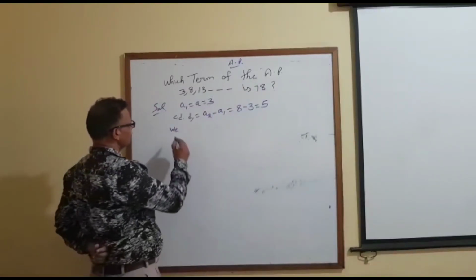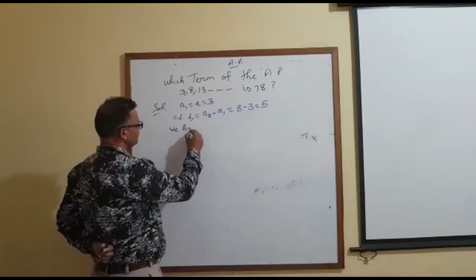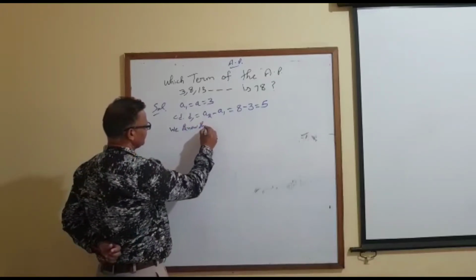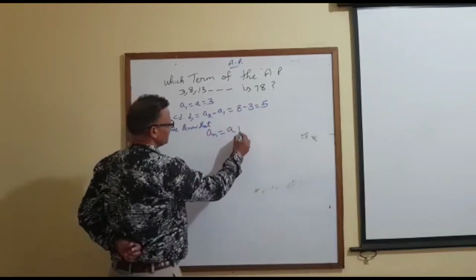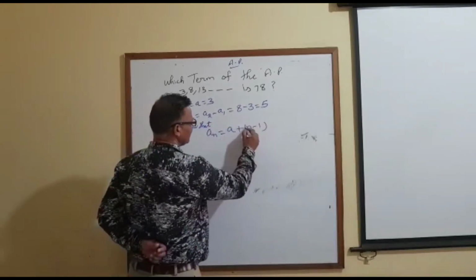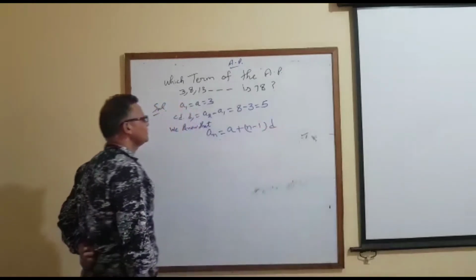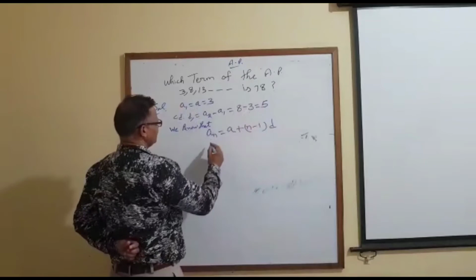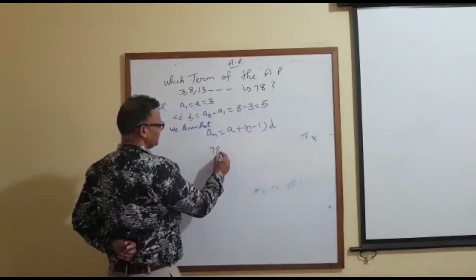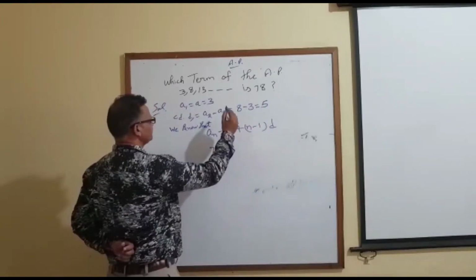So we apply a formula here. We know that AN is equal to A plus N minus 1 into D. Put the value of AN, which is 78, the last term.